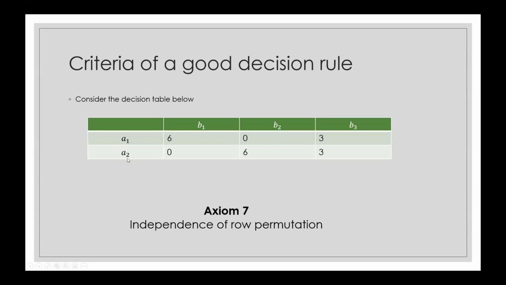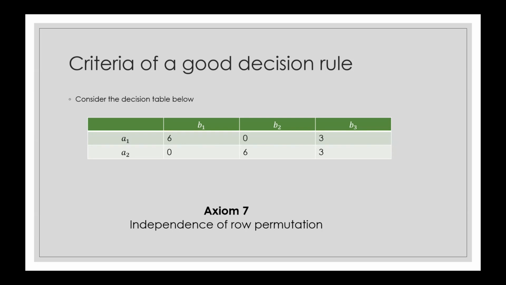But how about A2? It's the same, right? That is what we are saying. Because you cannot really know which state will occur, you cannot decide between A1 and A2, because this is under ignorance. Your decision should not be different, because you do not know.